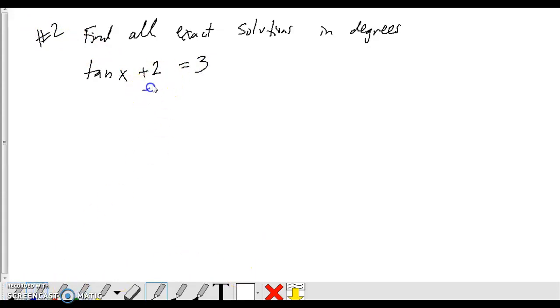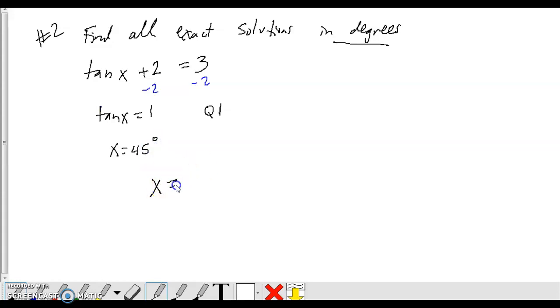I'm going to subtract 2 from both sides, and I get tangent of x is equal to 1. Wonderful. If I think about this, the period for tangent is only pi, so I'm only dealing with the first quadrant. I want it in degrees, so x is 45 degrees.